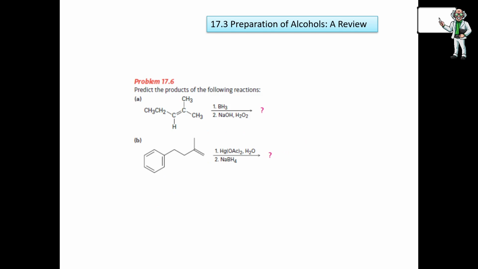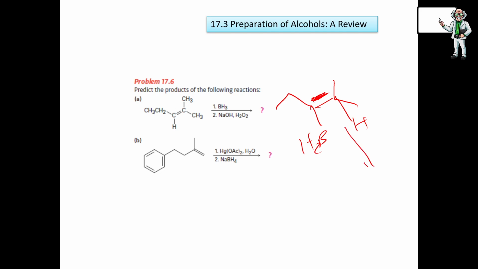Okay, for example, we can do these two exercises. In the first one we have this compound and we add borane. The first step will be the addition of borane. Remember, the borane will be added here and the double bond will be removed.